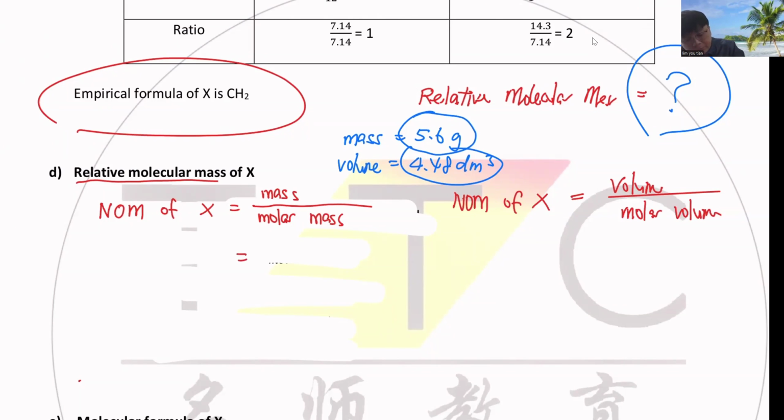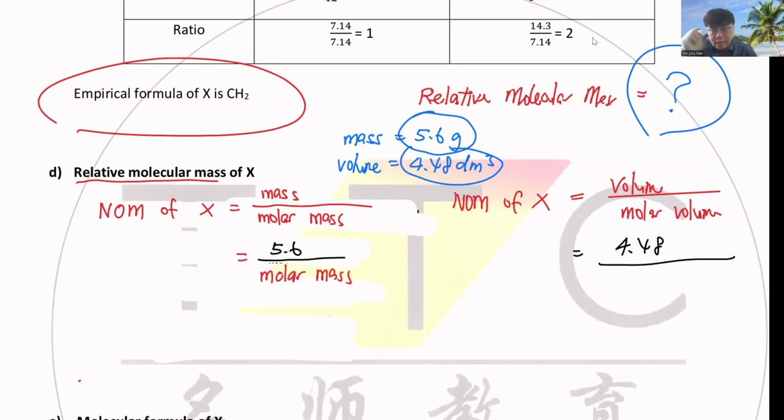What I have is 5.6 gram and 4.48 dm3. One side I have the mass, one side I have the volume. Because I don't have the molar mass, because I don't have the relative molecular mass, I have to calculate the number of moles using the volume first.